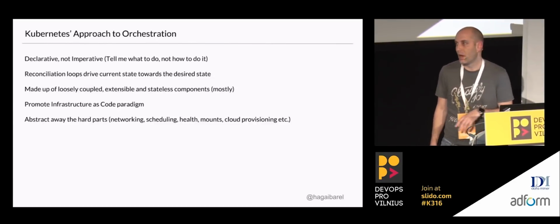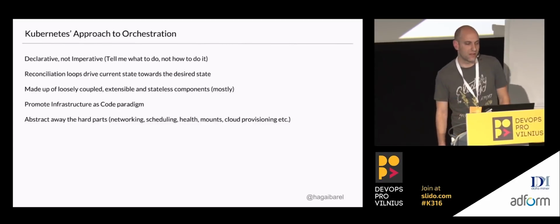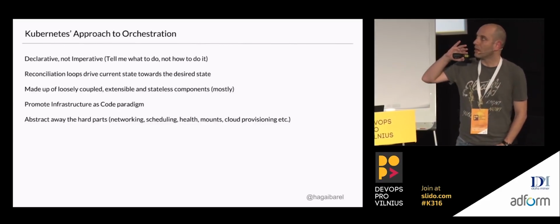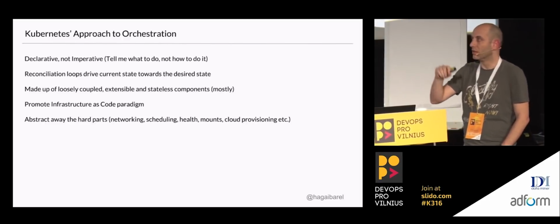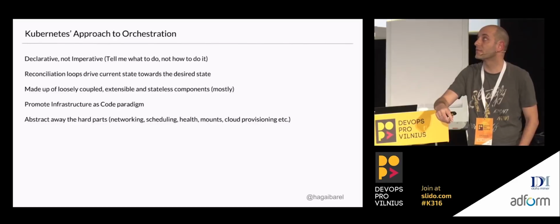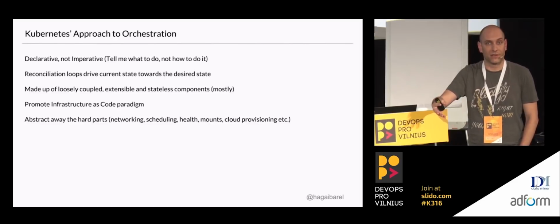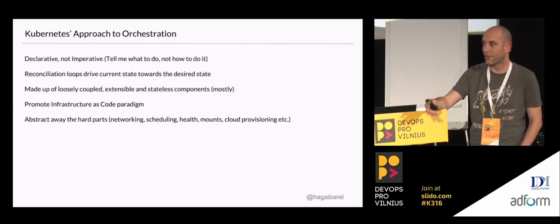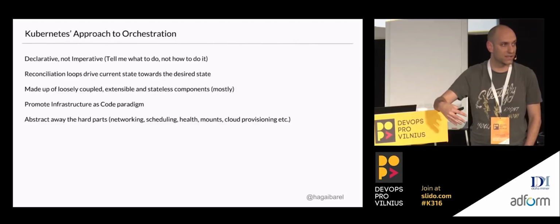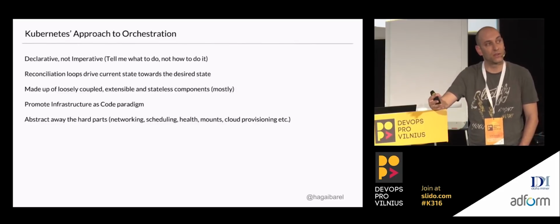All right, how does Kubernetes even approach the idea of orchestration? So these are some common, top level ideas and concepts that Kubernetes uses. The first one is, of course, declarative, not imperative, which means don't tell me how to do things. Tell me what you want to do. I know how to do these things, but I just need you to tell me what to do.